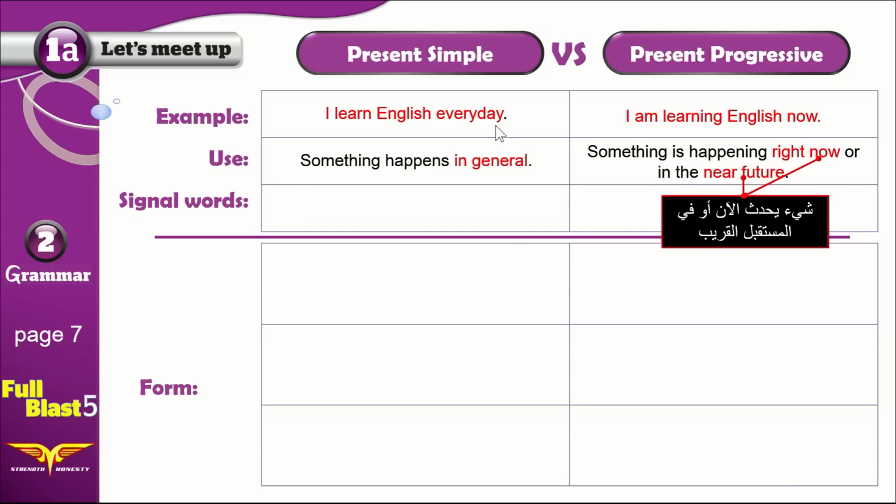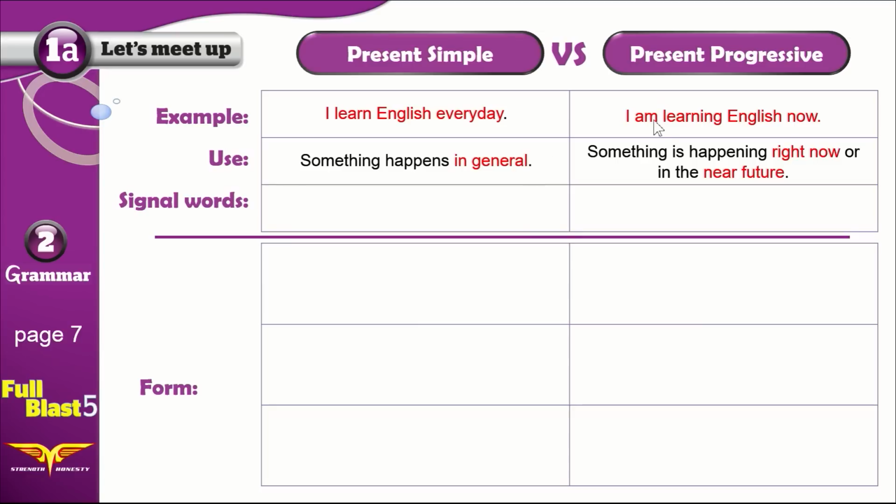Let's say that you go to your grandmother to visit her at the weekends. Every weekend, every Friday, you go to your grandmother. So you say, I visit my grandmother at the weekends. Present simple, because it happens in general.